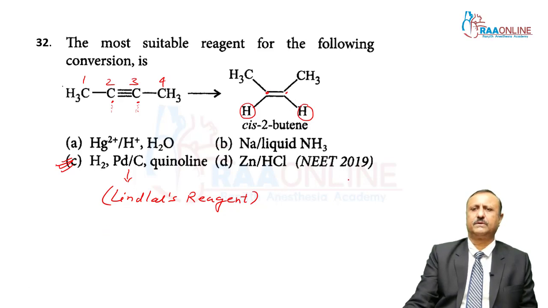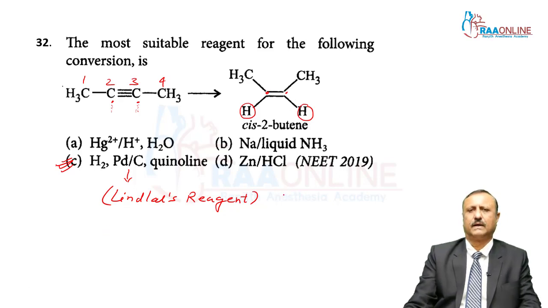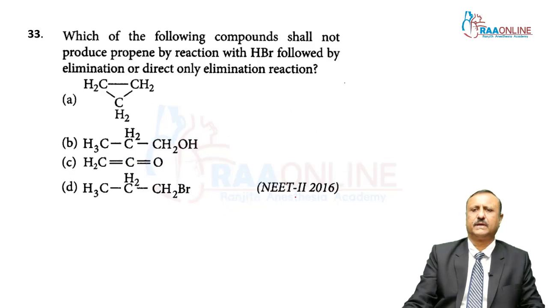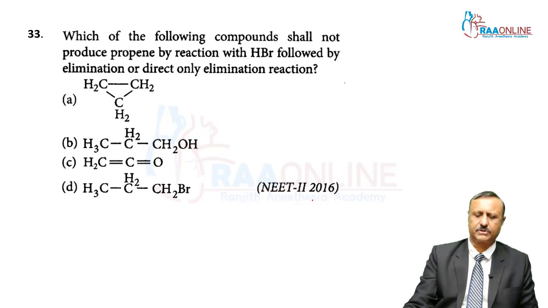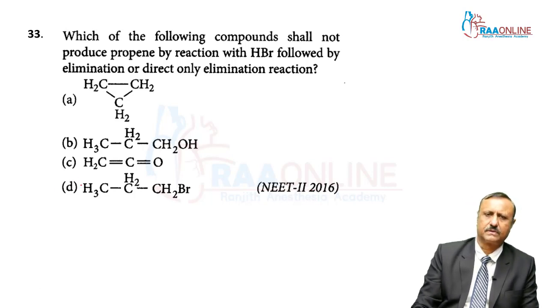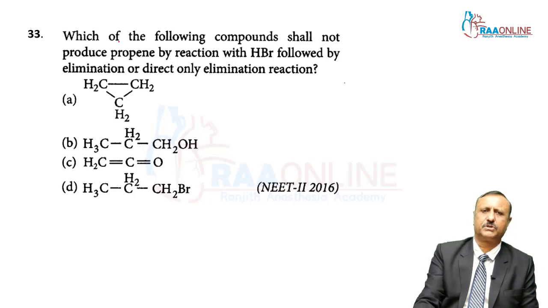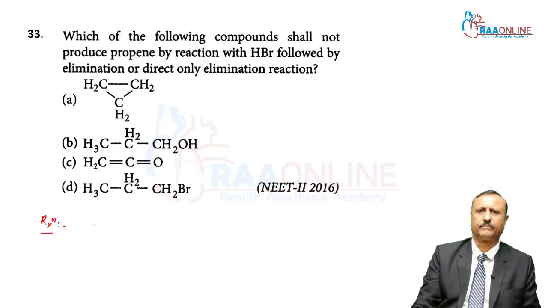This question was asked in NEET 2019, my dear students, and after question 32, you can see here question number 33. This question was also asked in NEET 2016. Which of the following compounds shall not produce propene by reaction with HBr, followed by elimination or direct only elimination reaction? You can see the reaction.